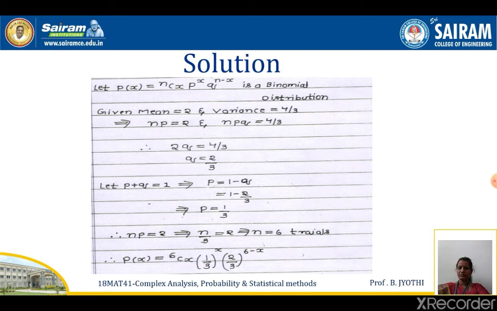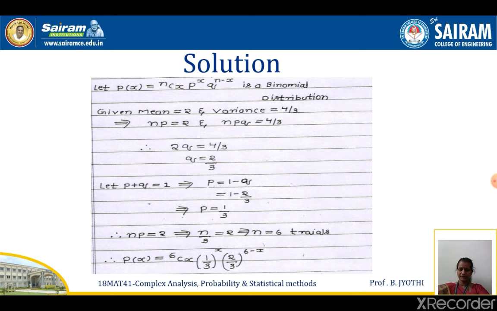According to the formula, mean is equal to np, where n is the number of trials and p is the probability of success. But the mean is given to be 2, therefore np = 2. And the variance is given as 4/3, where the formula for variance is npq. Substituting the np value as 2, we get 2q = 4/3, or q = 2/3.